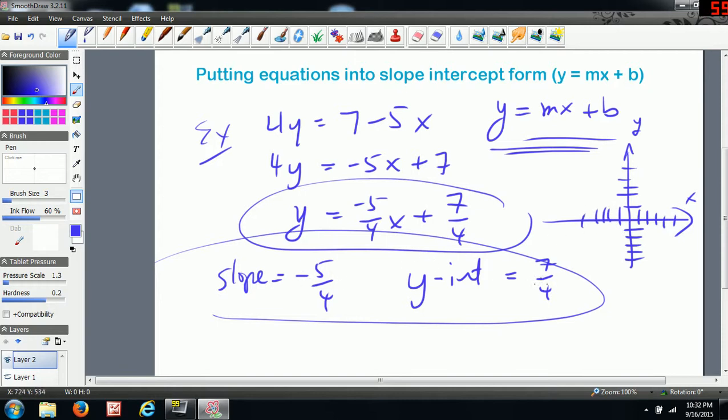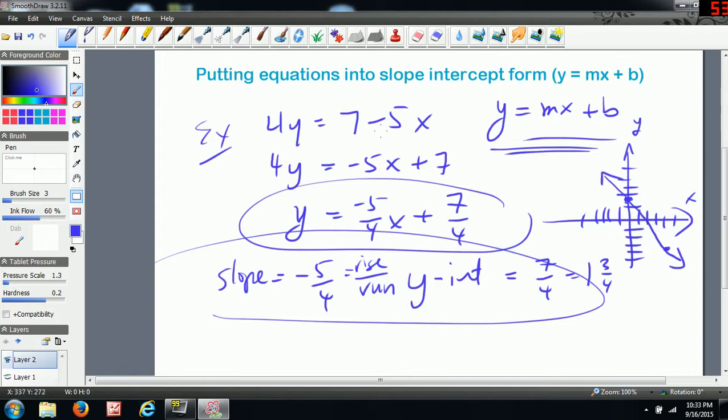So our y-intercept is, okay, that's 1 3/4. So that's where it crosses the y-axis when x equals 0, so about there. And then the slope is -5/4, so that's a rise over run of -5/4. So -5, 1, 2, 3, 4, 5, and a run of 4, 1, 2, 3, 4. And then you just connect the two.